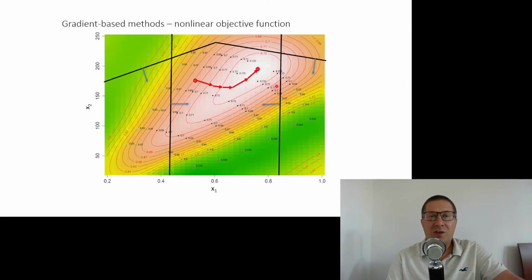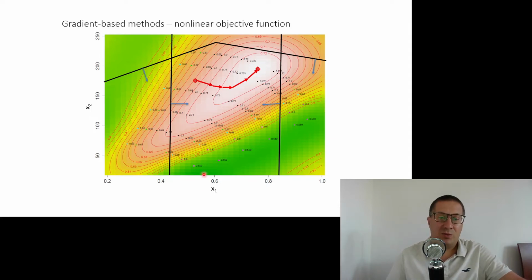In case of a nonlinear objective function, things are even more interesting. So this is the efficiency map, the efficiency characteristic of a device as a function of two parameters. It could be flow and the pressure difference, if this is a pump, or other parameters.